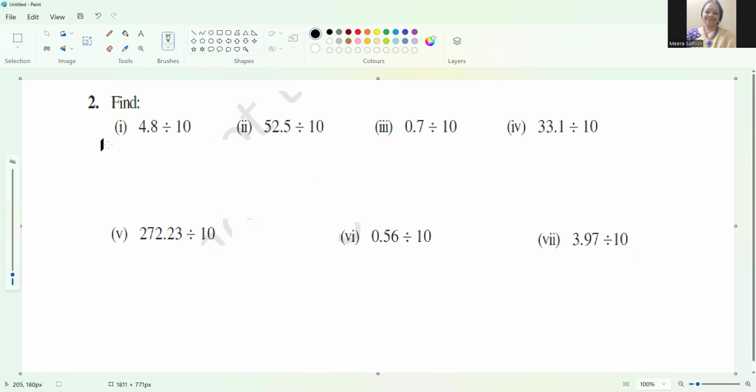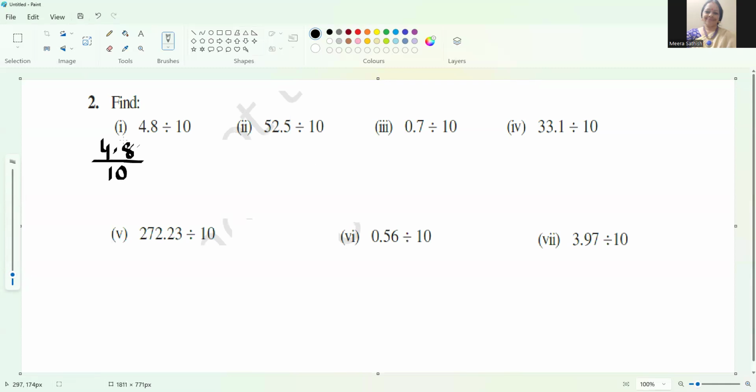So 4.8 by 10. So the numerator is already a decimal. Right? Already a decimal. You are dividing by 10. 10, how many zeros? 1 zero. So when you are dividing by 10, you have to count 1 decimal, 2 zeros, 2 decimals, 3 zeros, 3 decimals, like that.